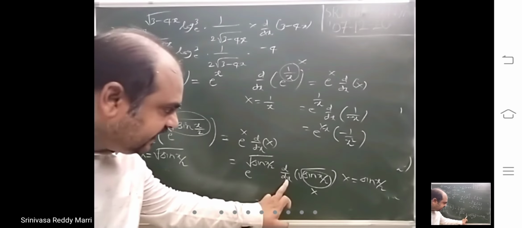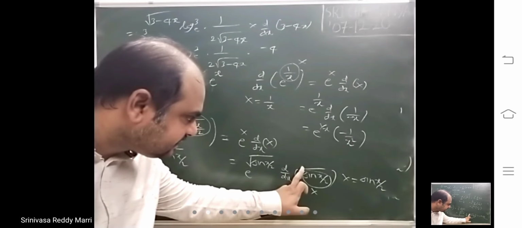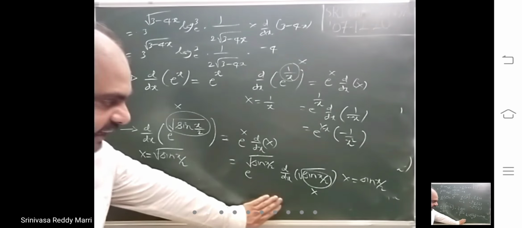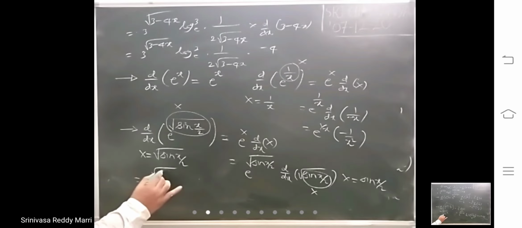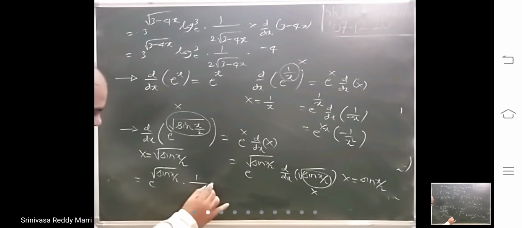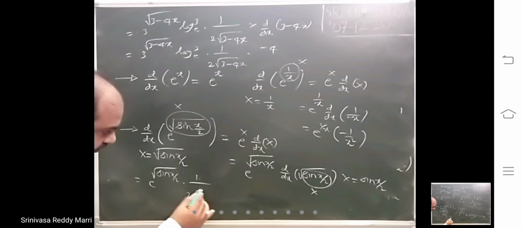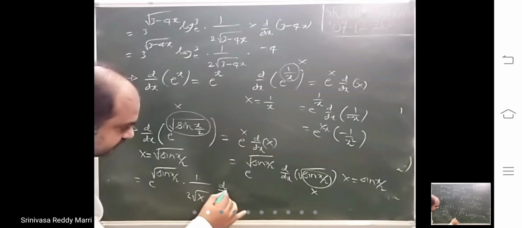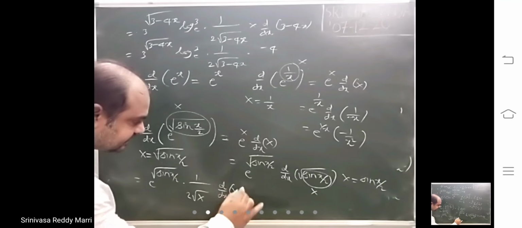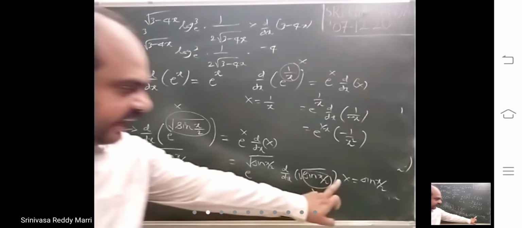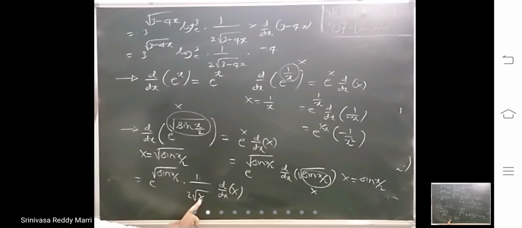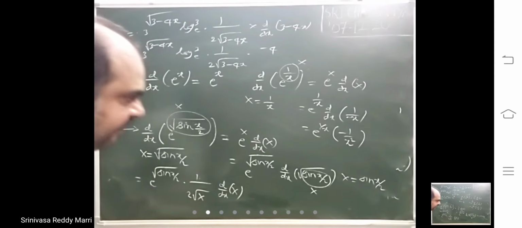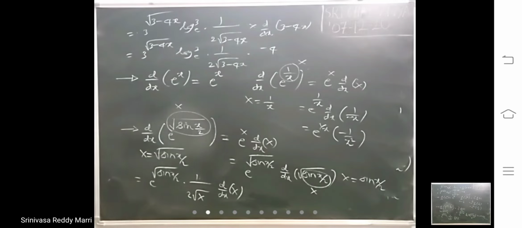Now this is d by dx of root X. The root X formula is 1 by 2 root X, again into d by dx of X. In the second step, we have taken the standard rule 1 by 2 root X into d by dx of that capital X which has been taken.